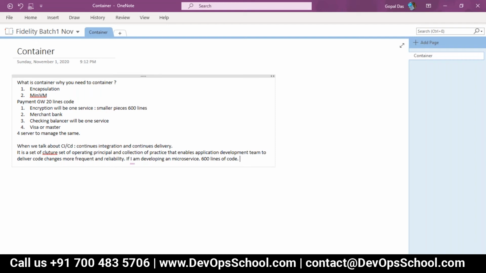So CI/CD is one of the best practices for DevOps teams to implement, and sometimes it is also called agile methodology best practice.